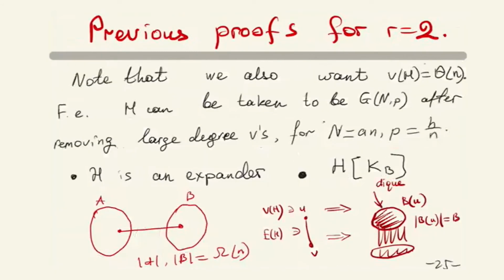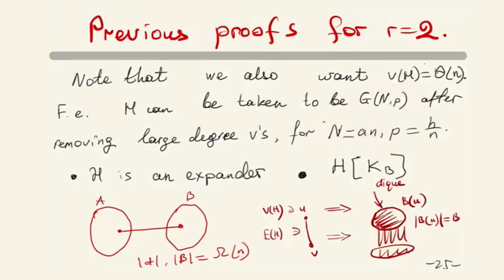Okay, so now how can we actually obtain such a graph H? I want a graph H which is an expander. That one is not hard, because as I previously mentioned, you can take the random graph G(n,p). The number of vertices here will be some constant A times n.